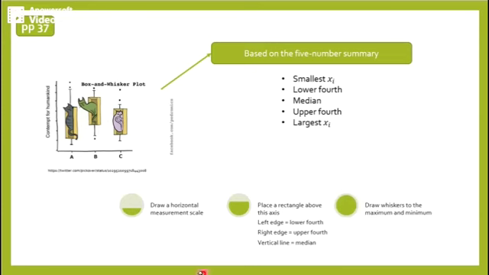You start by drawing a horizontal measurement scale. Then you place a rectangle above this axis. So this rectangle, the left edge is the lower fourth, the right edge is the upper fourth. And then you draw a vertical line where you have the median. And then you draw the whiskers to the maximum and the minimum.